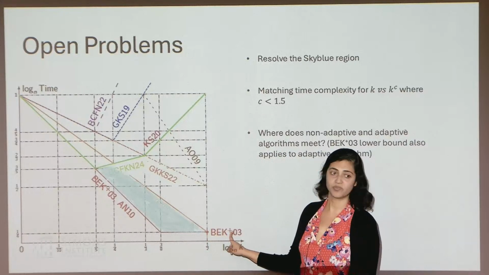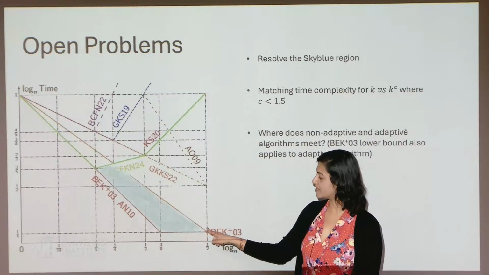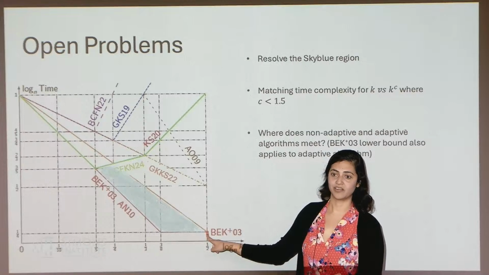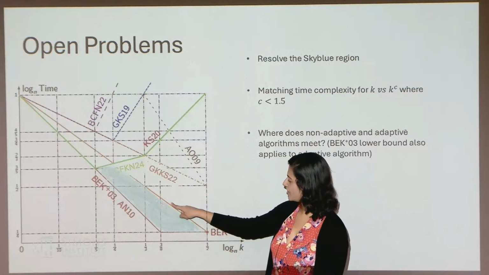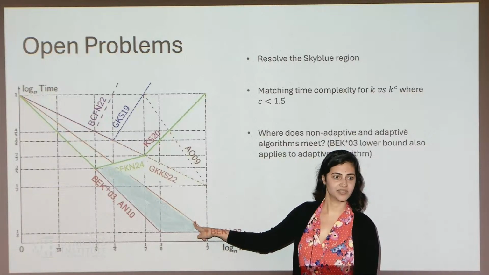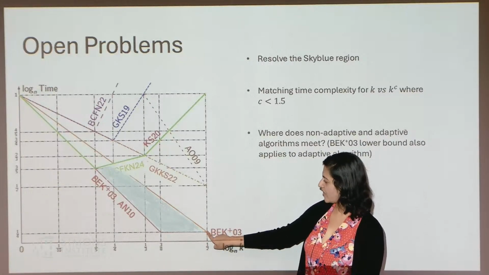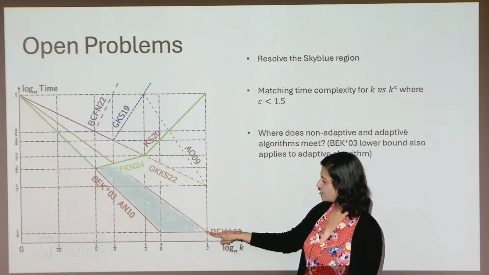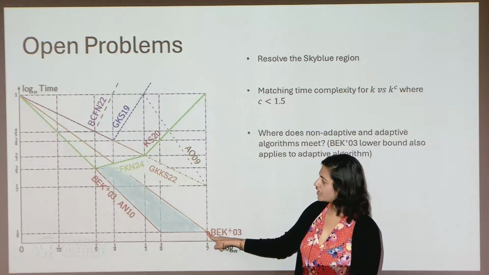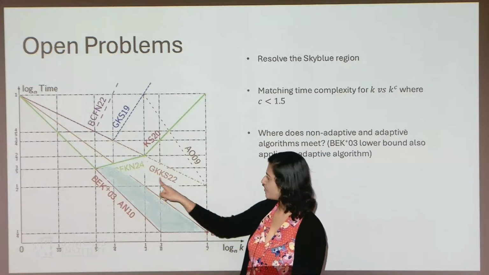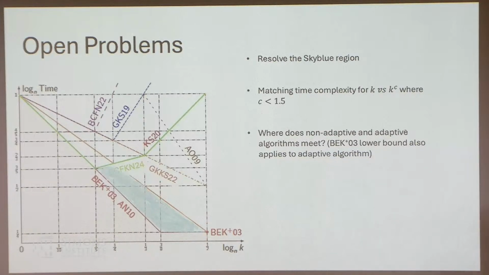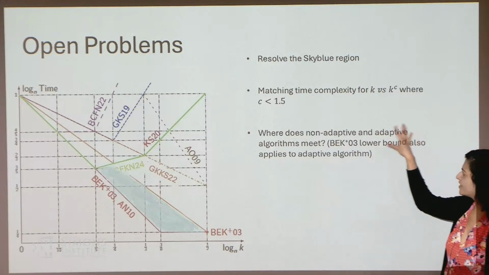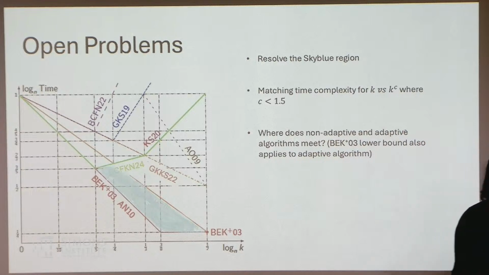Though the algorithm they proposed is non-adaptive, this lower bound in fact holds for adaptive algorithms. And this orange line is the line for non-adaptive algorithms. So at some point, non-adaptive algorithms are matching the adaptive bound. It's just not clear whether this is the point where it should match or where they should really match. So where do non-adaptive and adaptive algorithms meet? That part is not clear at this point.